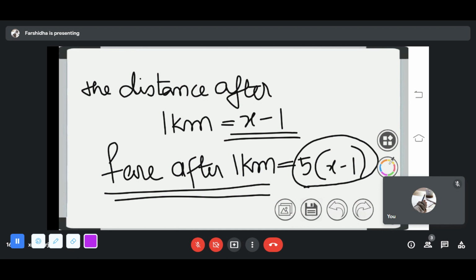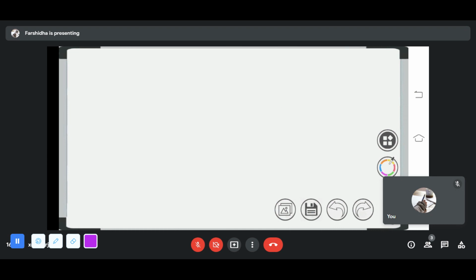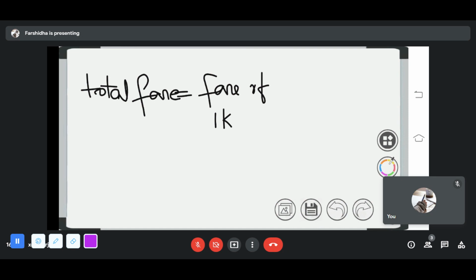Now, according to the question, see, what is total fare? Total fare is equal to fare of first kilometer plus fare after first kilometer.